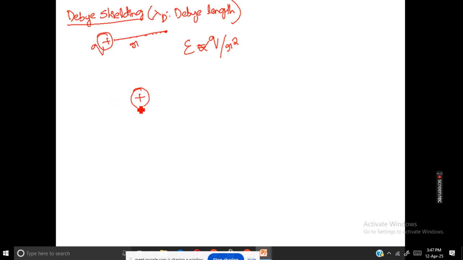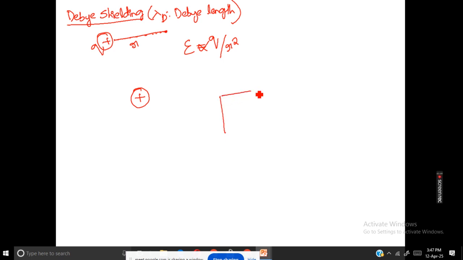So suppose now you are placing this positive charge within a plasma. What happens is that after a particular distance, the plasma will behave as if it will confine the influence of this particular charge.